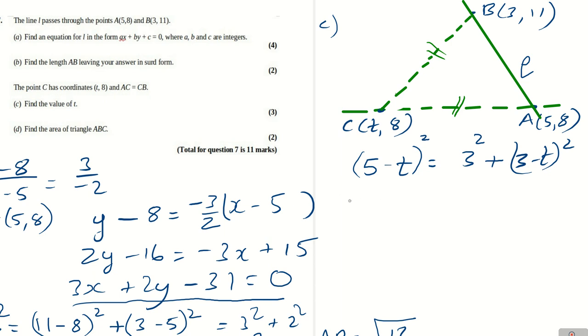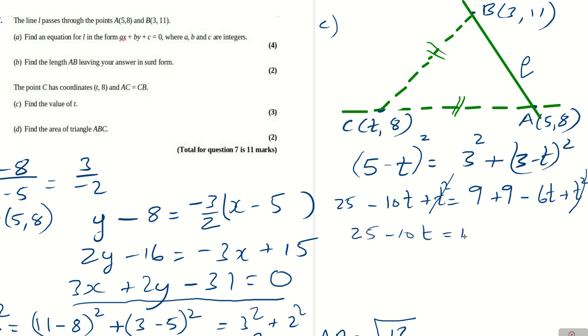So if we multiply it out, we're going to get 25 minus 5 times minus t is minus 5t, minus another 5t is minus 10t, plus t squared equals 9, plus 9 minus 6 lots of t plus t squared. Now, we can cross out the t squareds because they appear on both sides, and we end up then with 25 minus 10t equals 18 minus 6t.